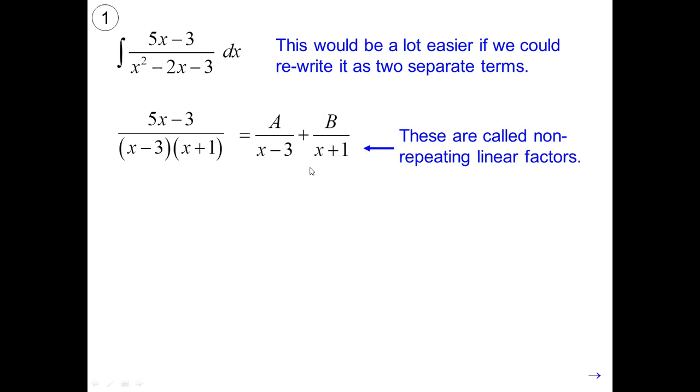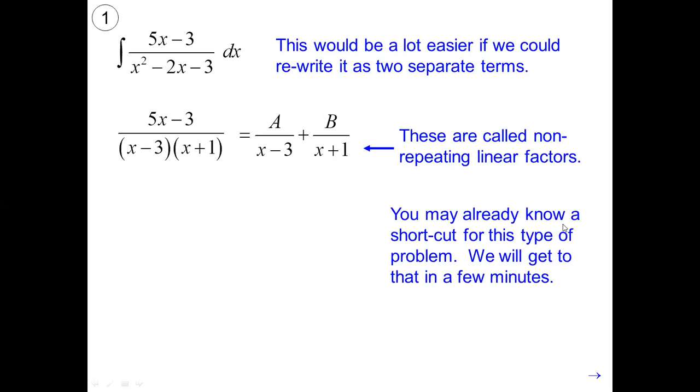We call these linear because the exponents of the x are all 1, and they are unique because this one is different than this. So we call this non-repeating linear factors or unique linear factors.